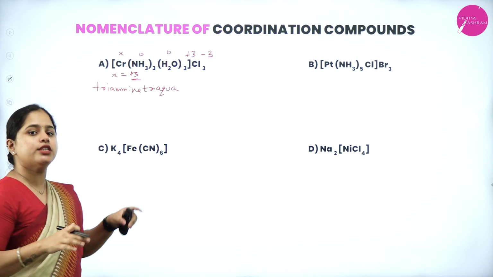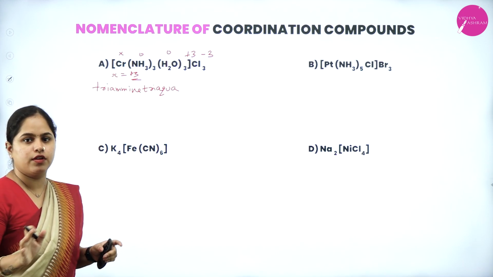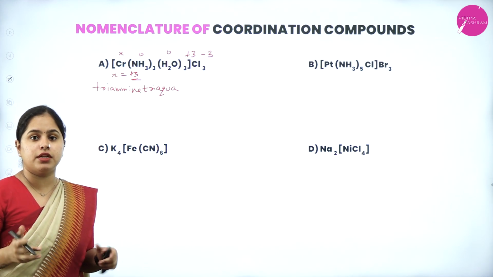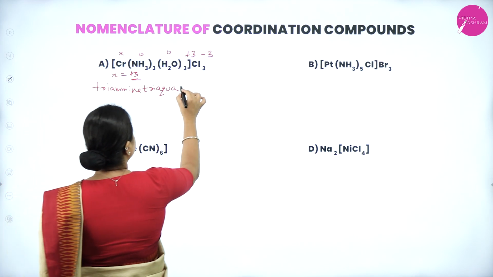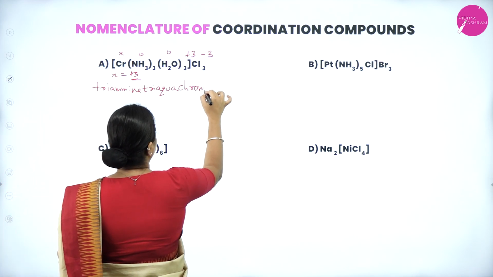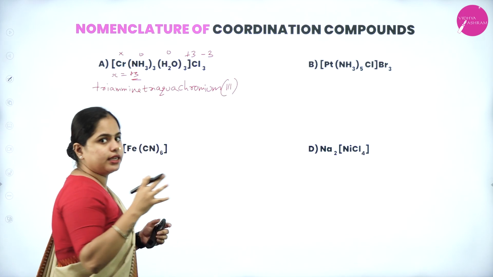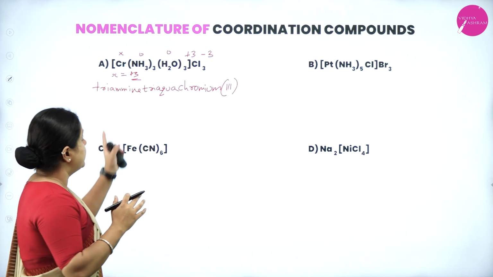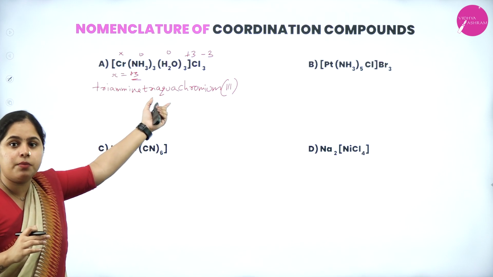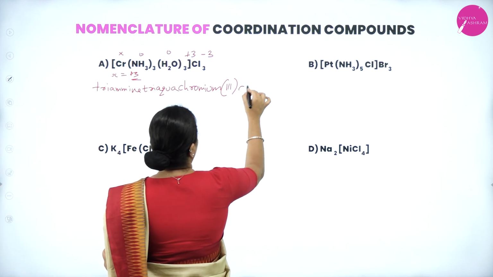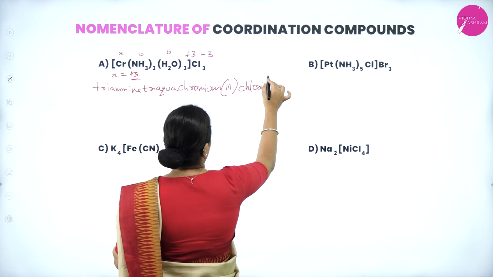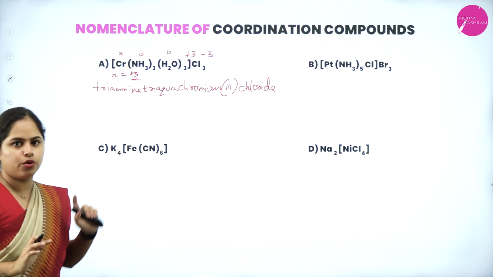It is cationic, so we name it as chromium itself. If it was an anion, we should have named it chromate. Then, what is the oxidation number we just calculated? It is 3, so I write that in Roman numerals in brackets. Then one more thing is left, which is the counter ion, so I write that also, which is chloride. This is how you have to name it.